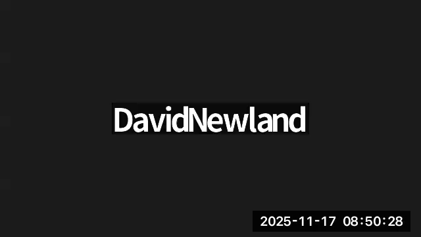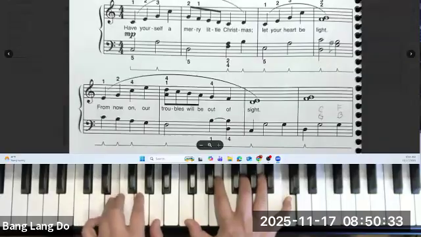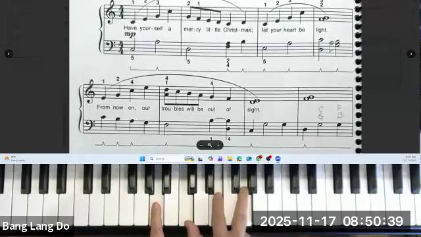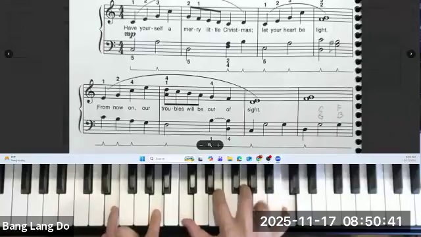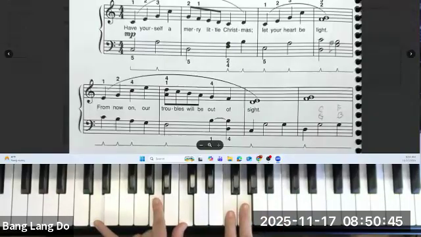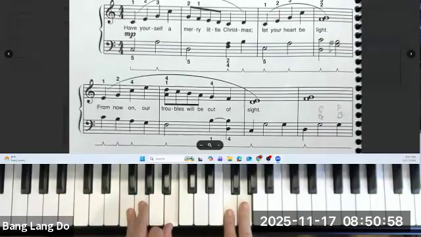And after that, the third phrase, what is that? Oh, it's my A minor 7 again. Then it's my D minor 7 again. What is that G doing there? It's an anticipation of the next chord, which is your G7.